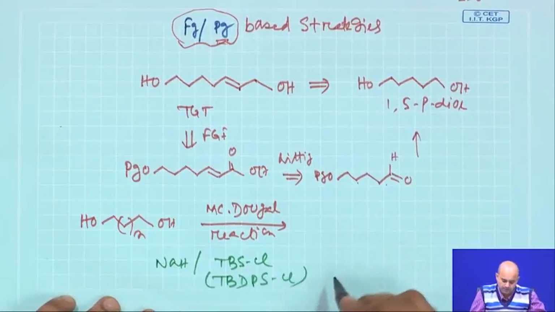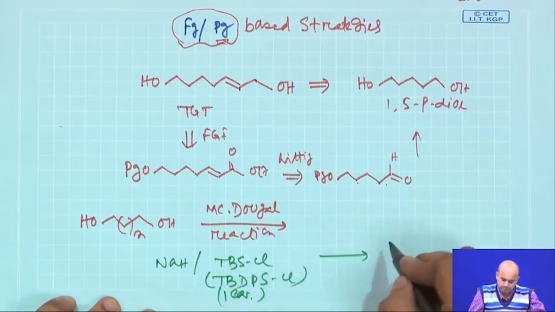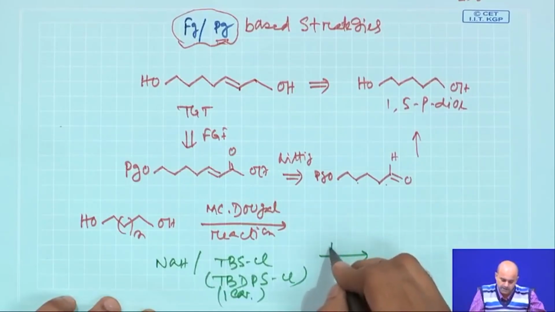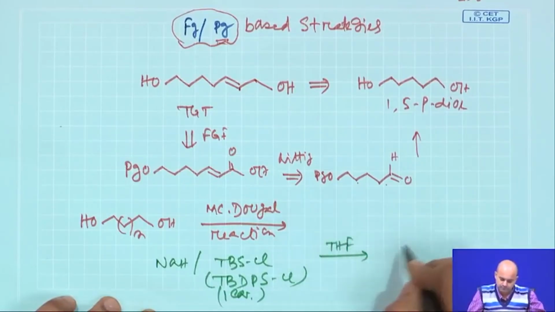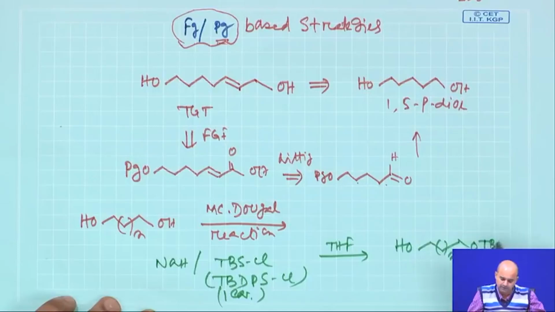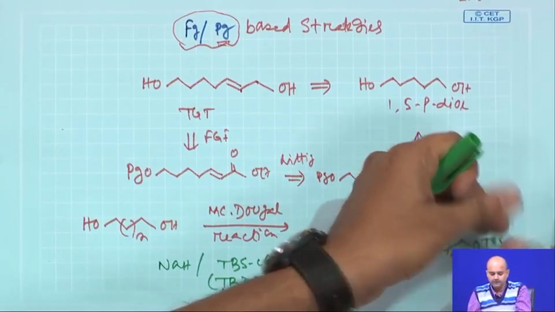TBDPS structure we have not discussed, and you need one equivalent only. You react in a THF solvent and you can basically get a nice monosilyl ether, either TBS or TBDPS based on the reagent which you use. So, this protocol is named the McDougall reaction.